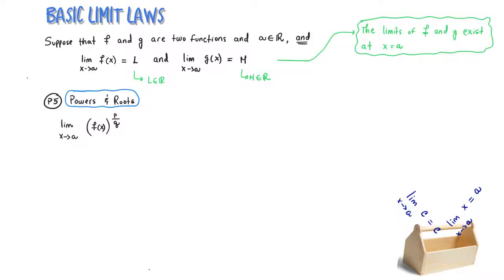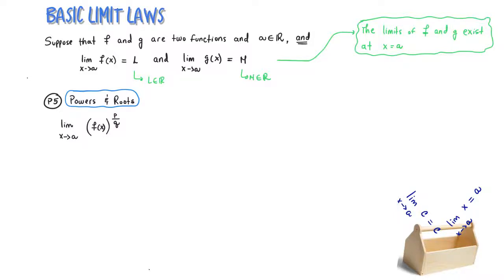So if this is the case, then the property will say that if we want to find this limit, we can take the limit and apply it to f of x, to the inside. Notice how f of x is inside of the exponent.